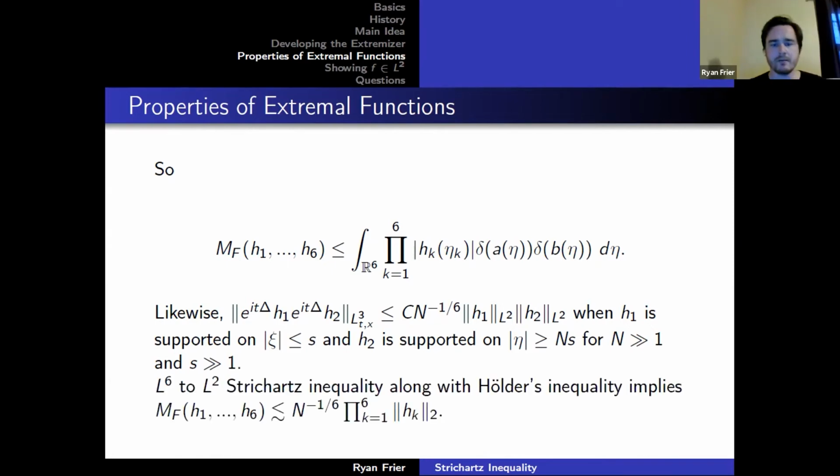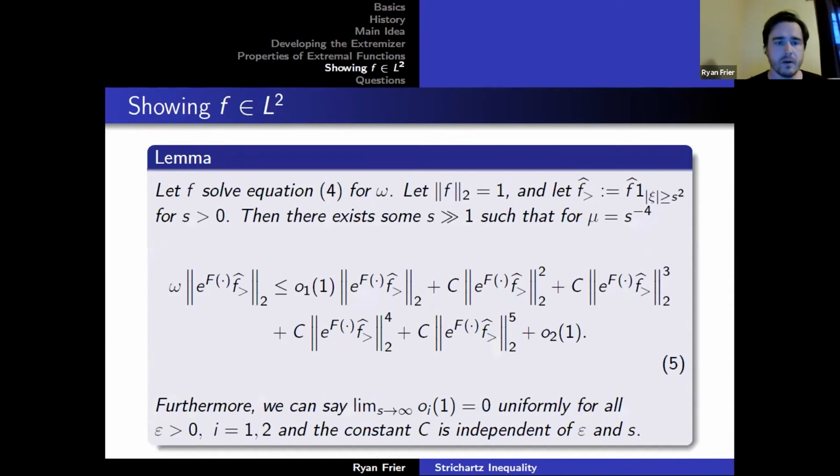If we pair this with the L6 to L2 Strichartz inequality with some Hölders, we get that this multilinear weighted integral is bounded above by n to the minus 1/6 times the product of our H_k's. All right, so why is that important? Let's talk about this here.